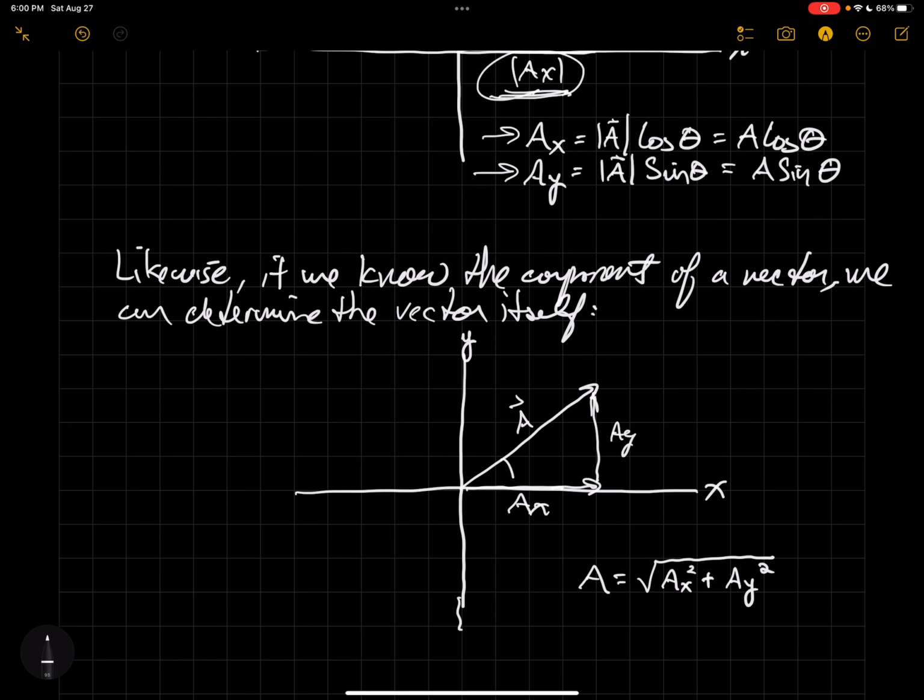And of course, theta is equal to the inverse tangent, or the arctangent, of our opposite side, AY, divided by our adjacent side, AX.